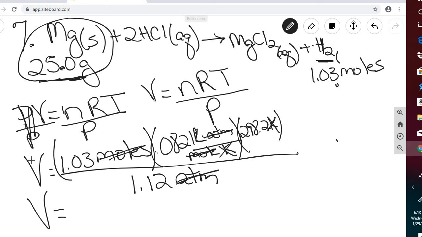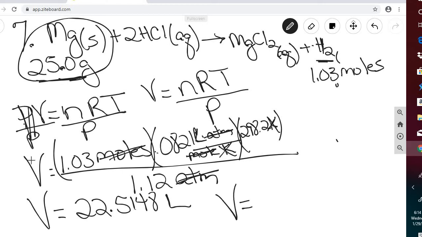So 1.03 times 0.0821 times 298.2 divided by 1.12 atmospheres, and what you will get for your volume in liters is 22.5148 liters. And it looks like we can have 3 significant figures.